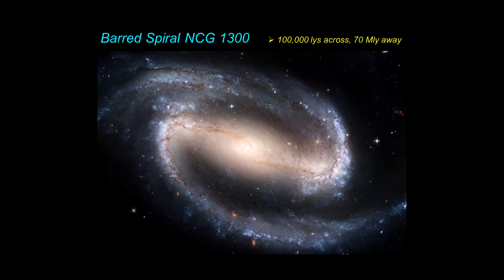And check out this very high resolution image of a barred spiral, about the size of our own galaxy, 70 million light years away.